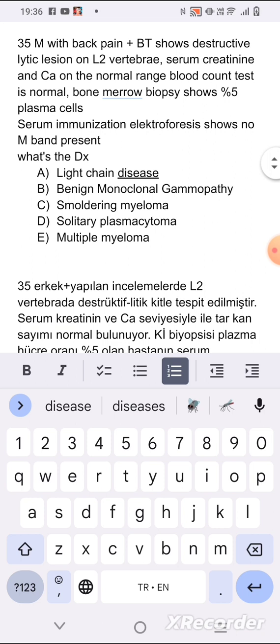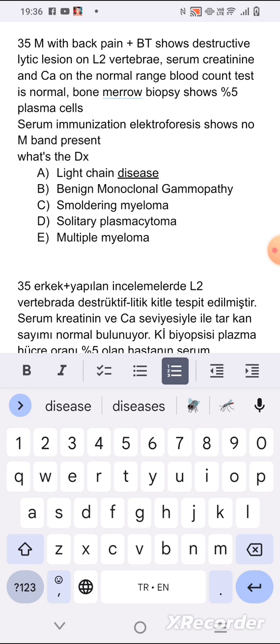So our diagnosis here is solitary plasmacytoma. And solitary plasmacytoma is not associated with anything else, just only a lytic mass, most of the time on his or her vertebral area, right? And there will be normal electrophoresis, normal plasma cells in his bone marrow biopsy, and therefore answer D is our diagnosis here.